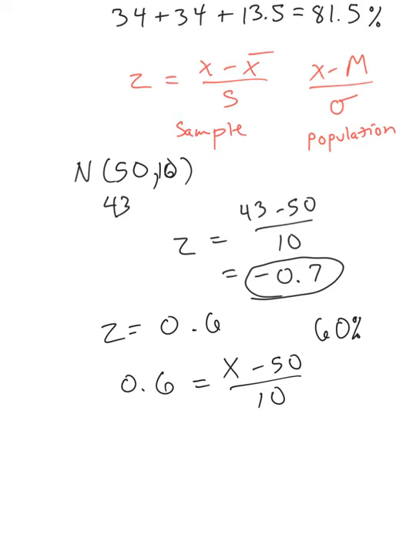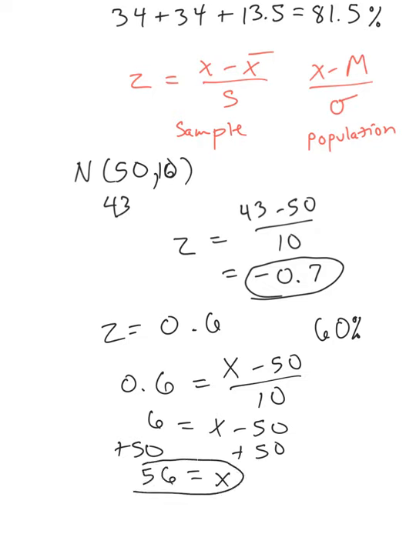So we're going to multiply both sides by 10. 10 times 0.6 is 6, so 6 equals x minus 50. Adding 50 to both sides, that's a 56.